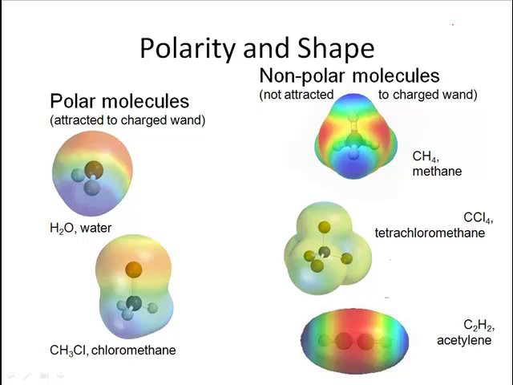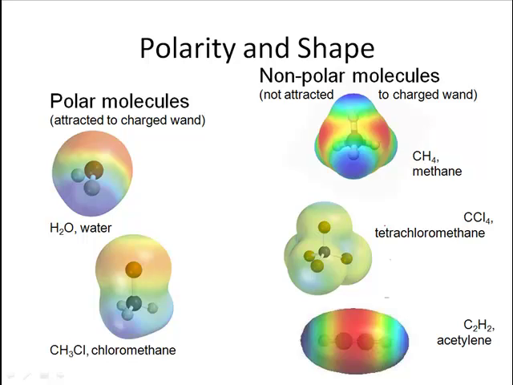Would it be polar or non-polar? It's going to be non-polar. And hexane's actual structure, it's a larger molecule, let's see if I have room to draw this in here.